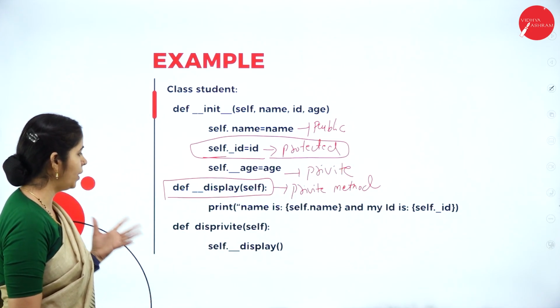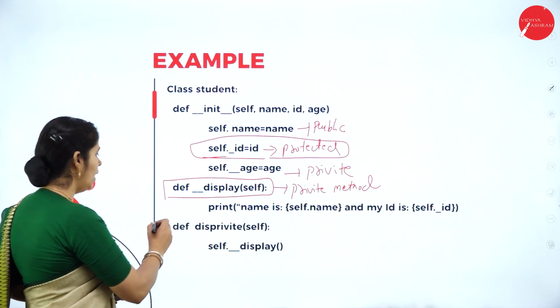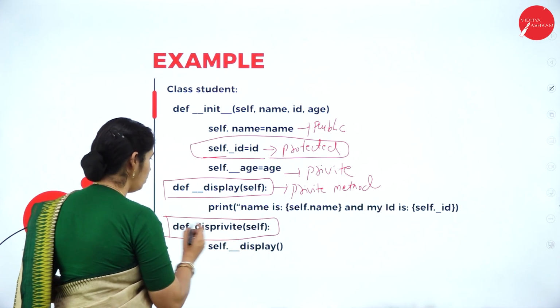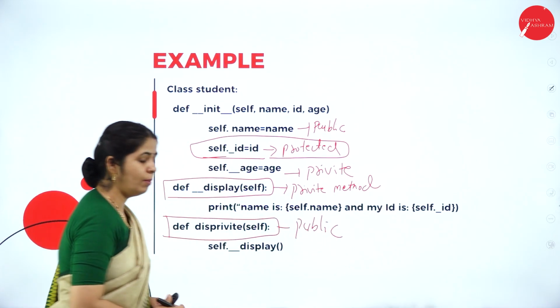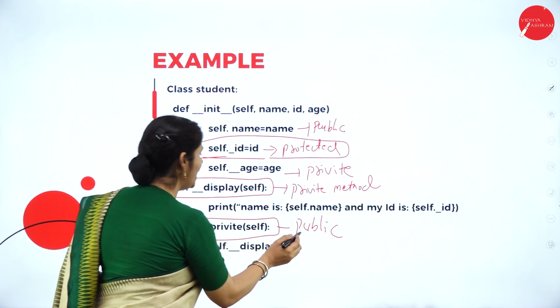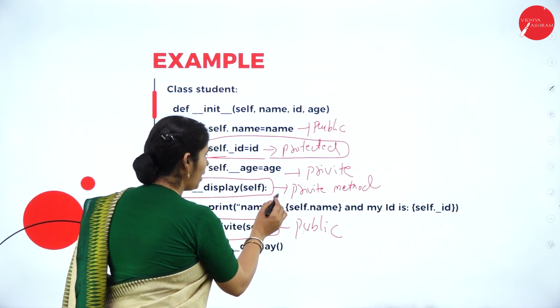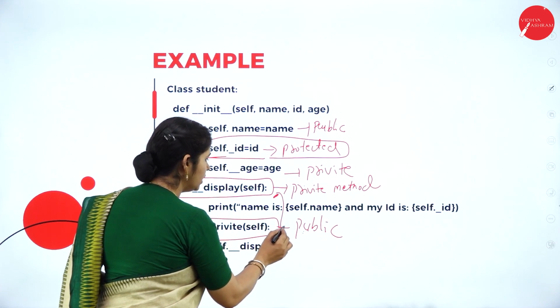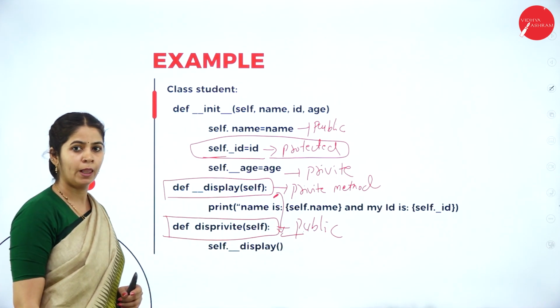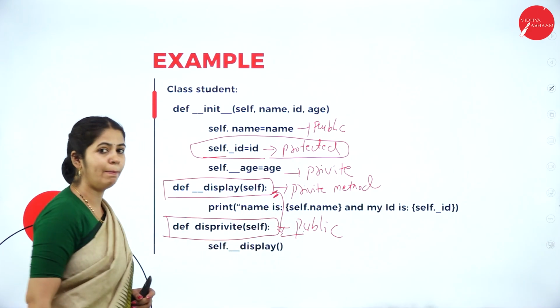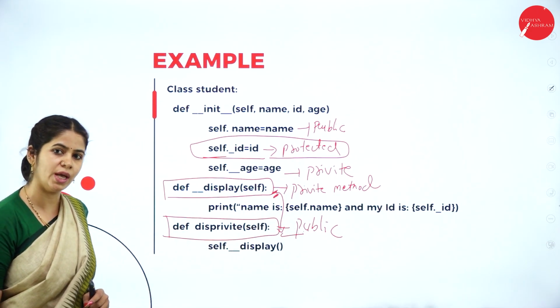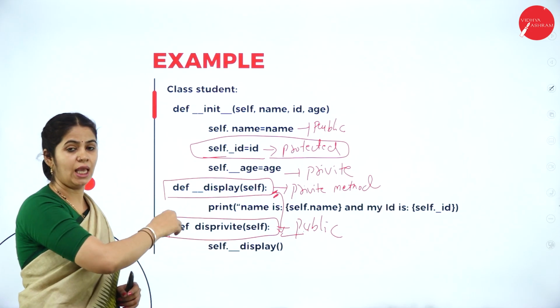One more method is there, which is public. I can access this private method using this public method with the help of an object. Right, that is what we are saying.